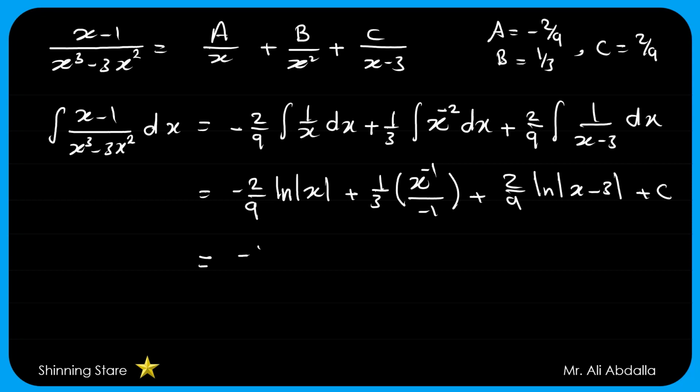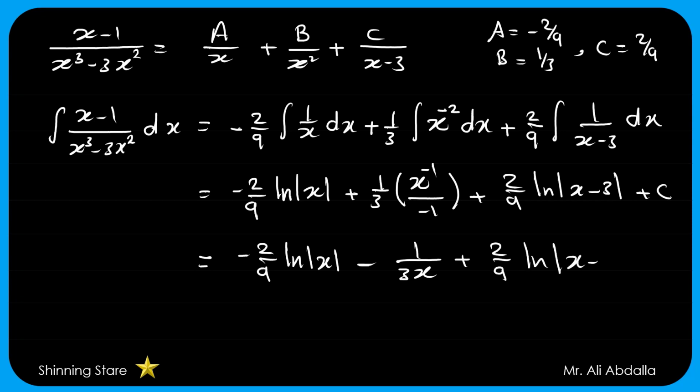Simplify: negative 2 over 9 ln absolute value of x minus 1 over 3x plus 2 over 9 ln x minus 3, plus constant. We can use logarithm properties to simplify. Then we can take 2 over 9 as a common factor from the first and third terms.